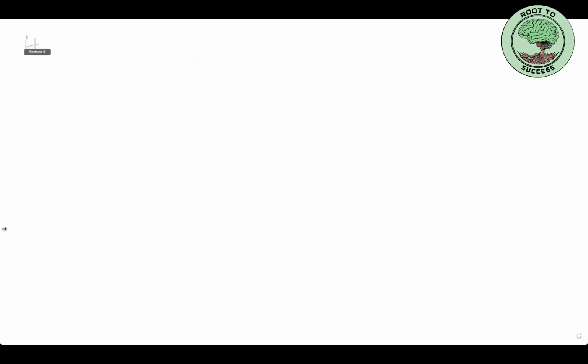Here A is 21 and D will be 18 minus 21, that is minus 3, and An, as mentioned in the question, is minus 81. So we have to find n.